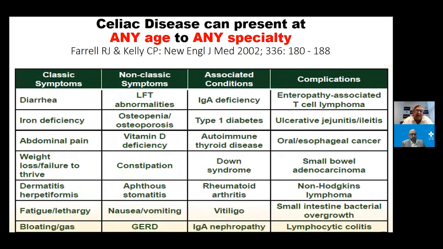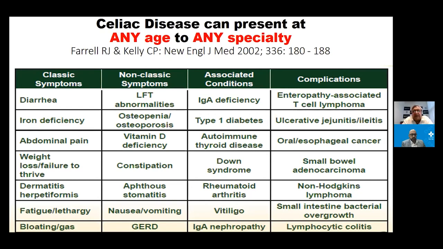As I indicated, classical symptoms could be iron deficiency anemia, weight loss, dermatitis herpetiformis, fatigue, bloating, and gas. Non-classical symptoms will be LFT abnormalities, vitamin D deficiency, and aphthous ulcers are quite common.